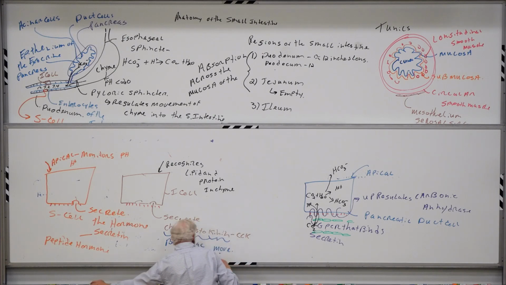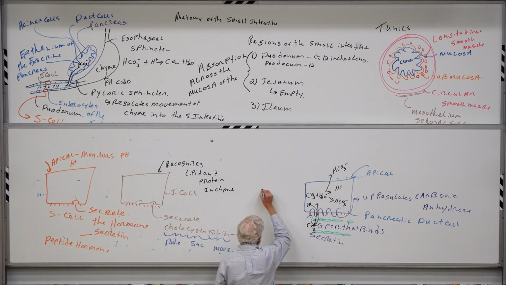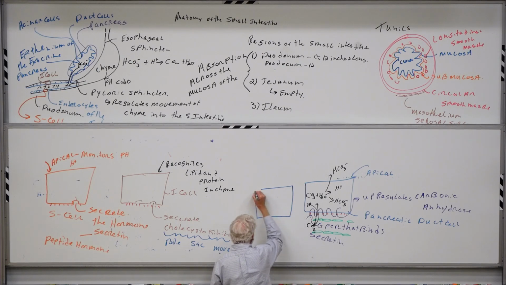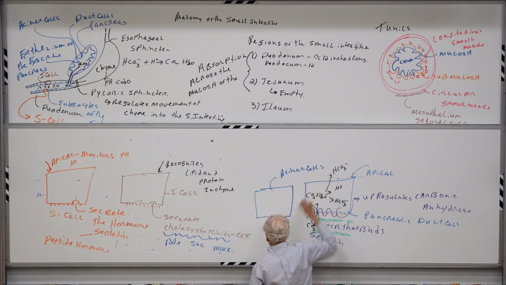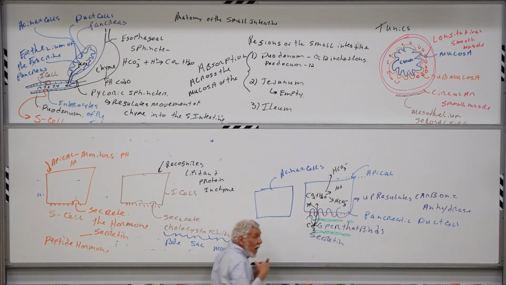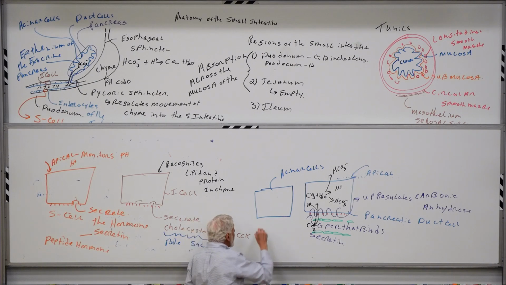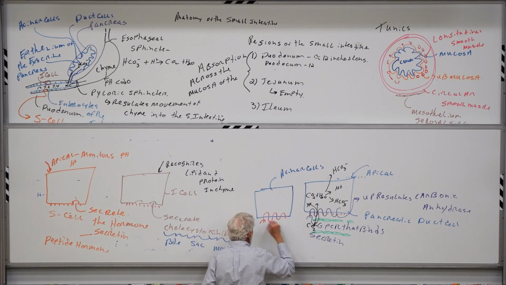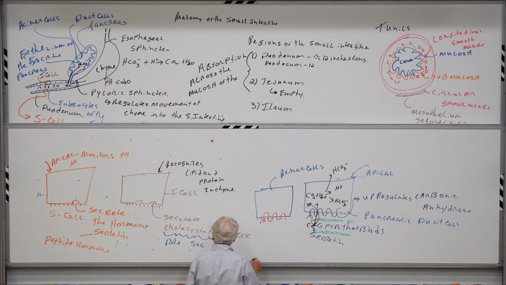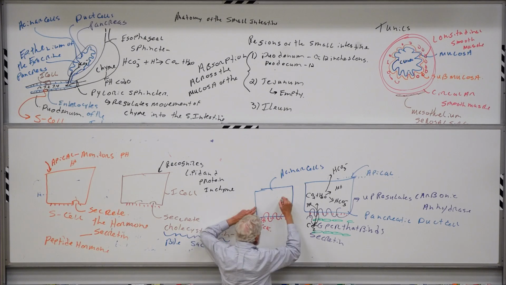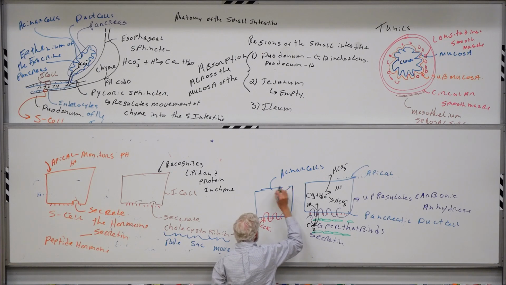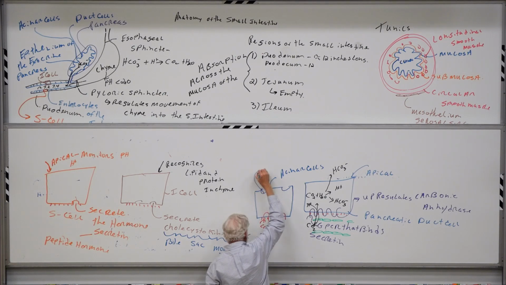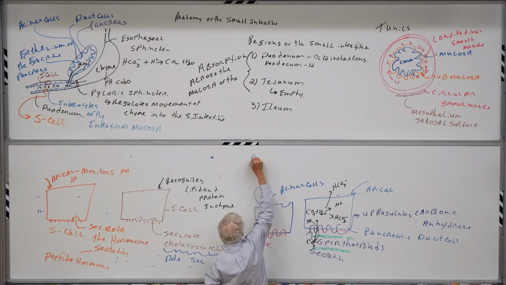finds its way to the epithelial cells here known as the acinar cells. Again, it's a classic G protein coupled receptor. So there's a G protein coupled receptor on the basolateral side. The CCK binds to it, and the CCK binding to this cell signals the release from the apical surface through vesicles of digestive enzymes.